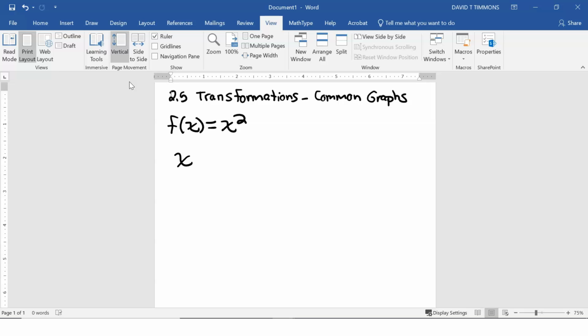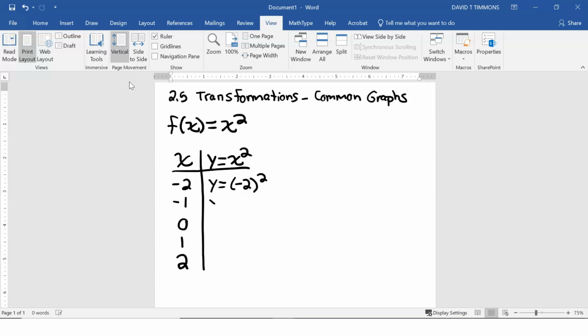So I can create a table of coordinates. Right, here's our function, y equals x squared. And because it's the quadratic function, I'll pick those 5 typical x values that we will use from -2 to 2. And then all I'm going to do is substitute these x values into whatever equation or function we have and evaluate.